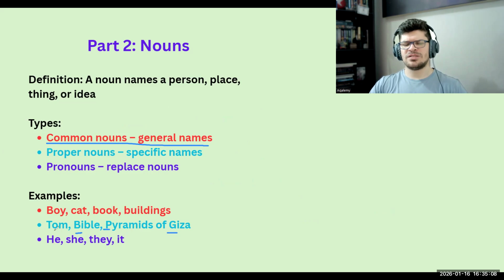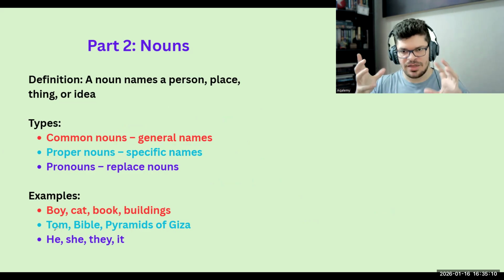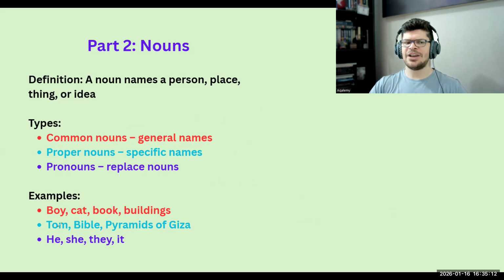Sometimes if you want to change the noun, you decide, I don't want to use Tom, I will use he. I don't want to say the word Bible, I will say it. I don't want to say pyramids of Giza, I will say it. It is correct. And that is it.